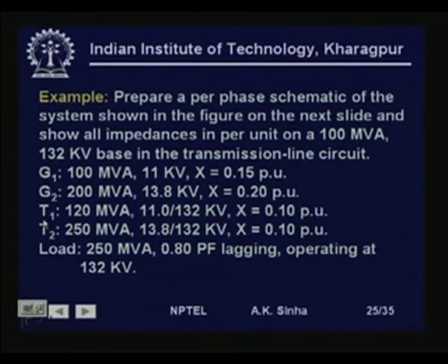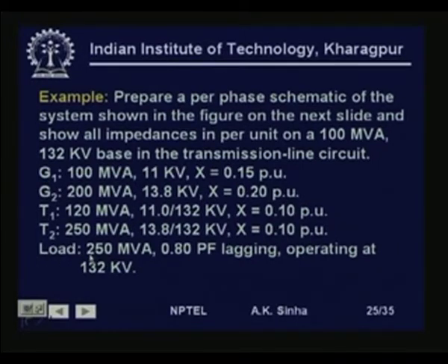We have a transformer T1 with a rating of 120 MVA and voltage ratio of 11 kV to 132 kV and the reactance of 0.1 per unit. Another transformer T2 with a power rating of 250 MVA and a voltage transformation ratio of 13.8 kV to 132 kV and a reactance of 0.1 per unit on its base, that is on its rated value base.